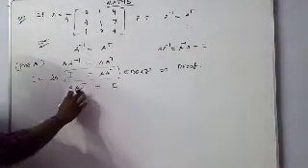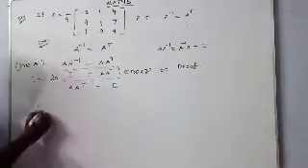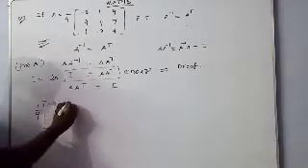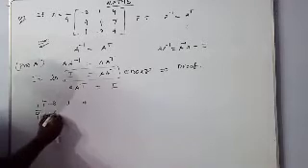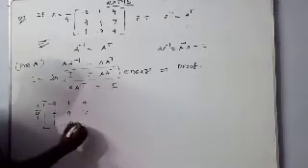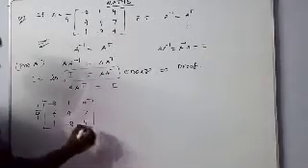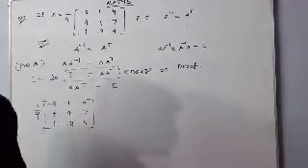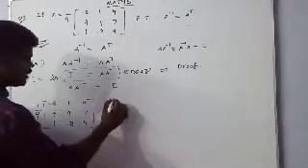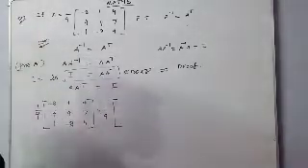What is the value of A? 1 by 9 times the matrix [-8 1 4; 4 4 7; 1 -8 4]. This is the matrix of A, multiplied by 1 by 9 of the A transpose matrix.